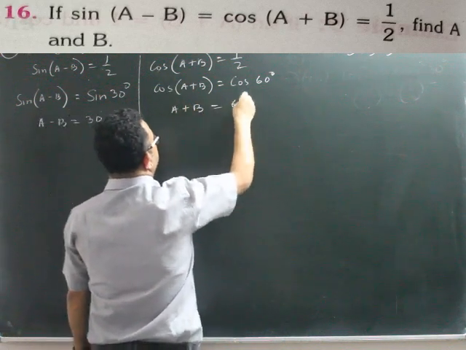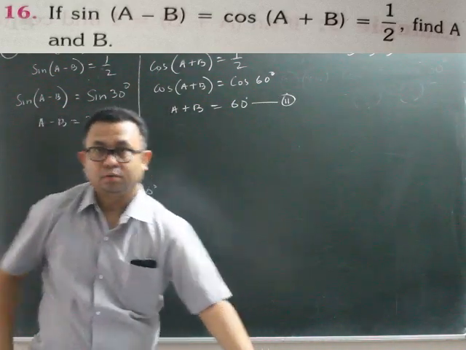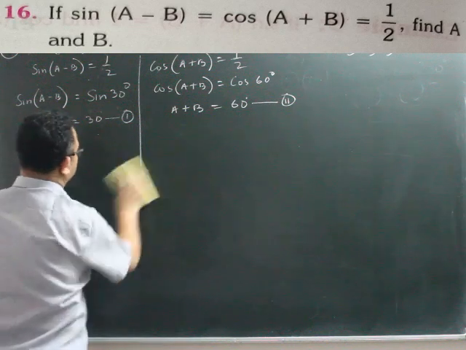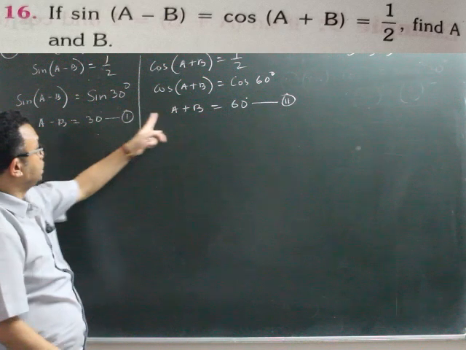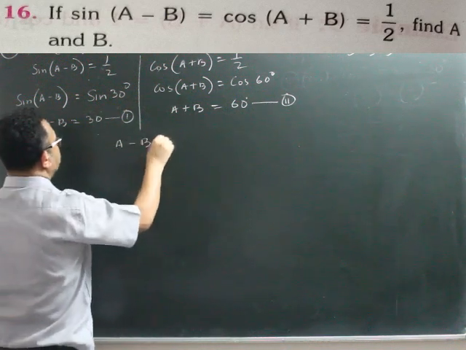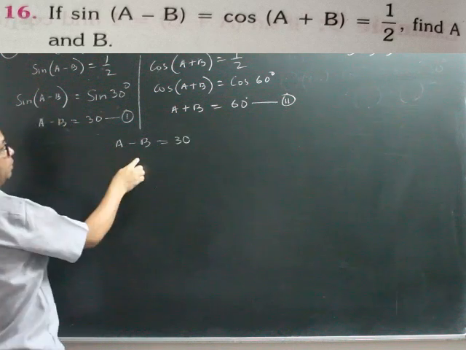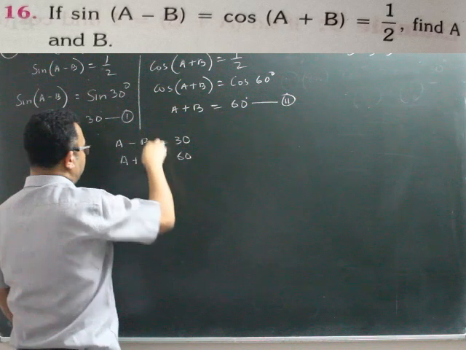Now since we are looking for A and B, we have to solve the simultaneous equations, this equation and this equation. How to solve simultaneous equations? Write the first equation, A minus B equal to 30, and the second equation, A plus B equal to 60, one over the other, aligning similar terms together.